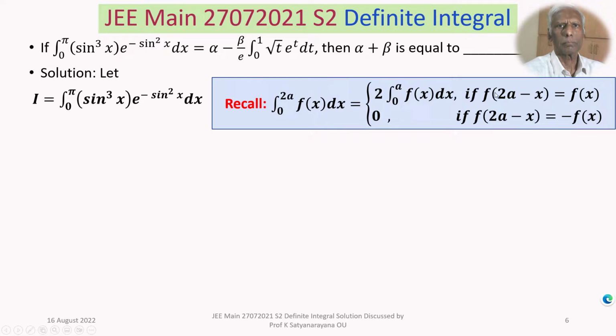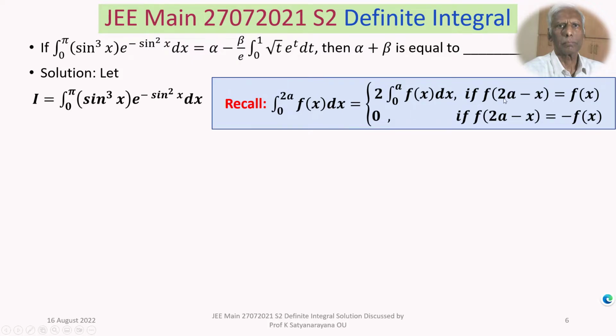If you replace x by 2a minus x and f of x remains the same, then it will be 2 times integral 0 to a f of x dx. If f of 2a minus x is equal to minus f of x, then the integral 0 to 2a f of x dx will be 0. So this is the result we are going to use here.